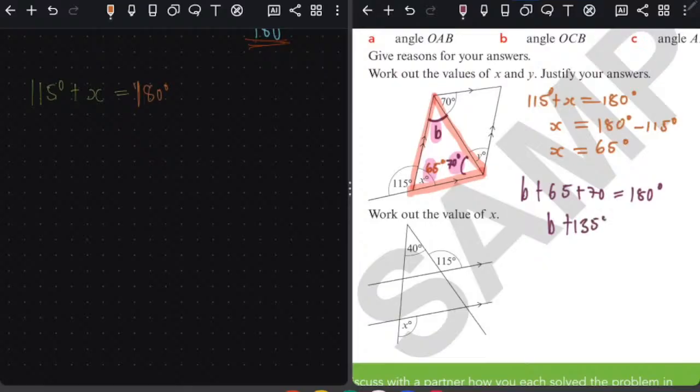B plus 135 gives us 180 degrees. Which means to get B, we say 180 degrees minus 135 degrees. What do you get for B? What is the answer you get?